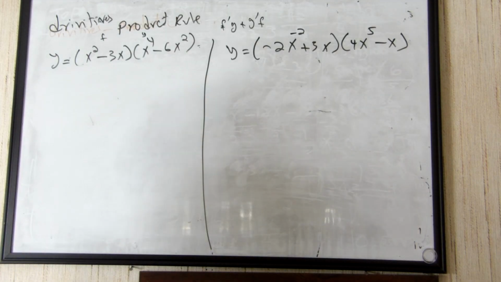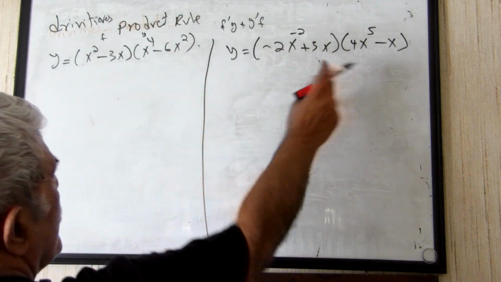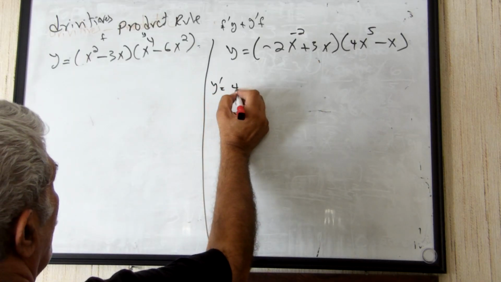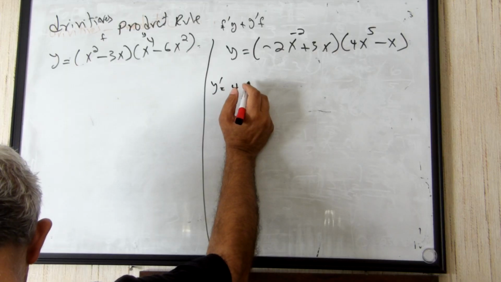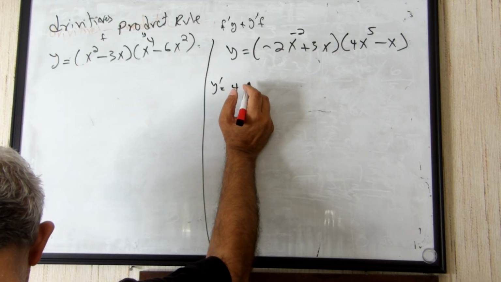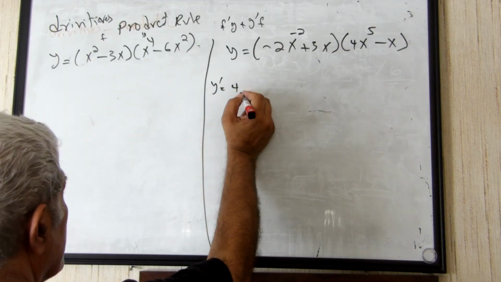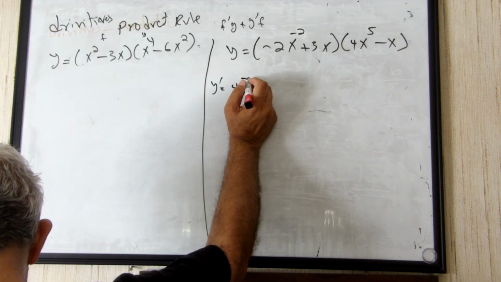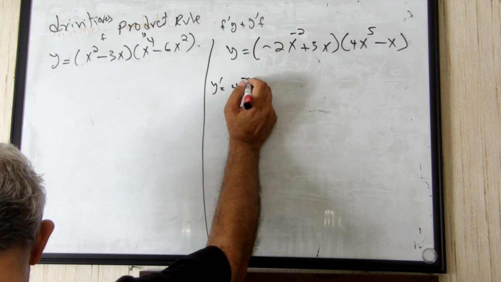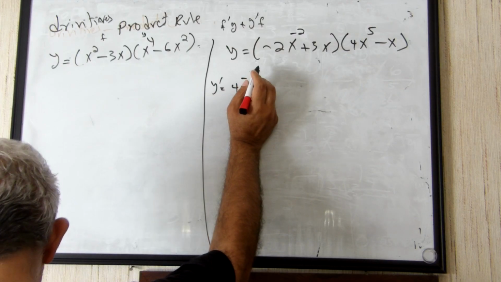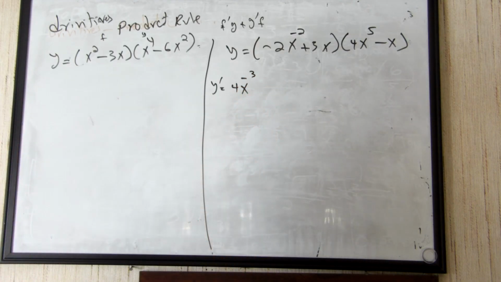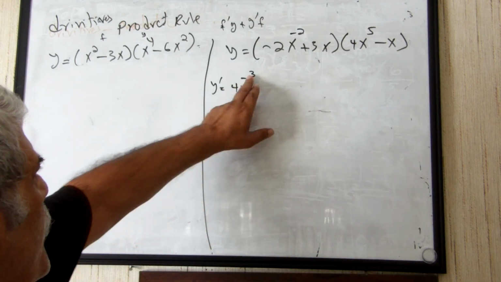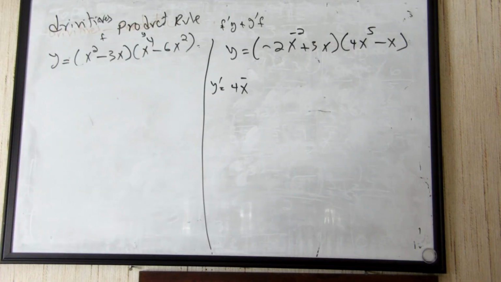We say the derivative of this one times this one. It's going to be y prime is going to be 4x minus 3. I'm sorry, minus 2 plus 1 is going to be minus 1.